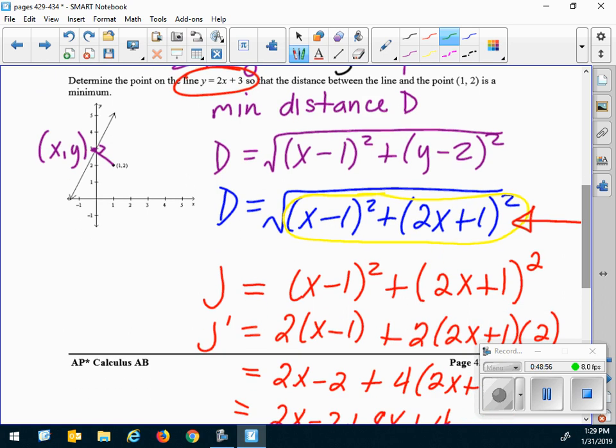Determine the point. Oh, we found x, didn't we? x is negative 1/5. What's y?